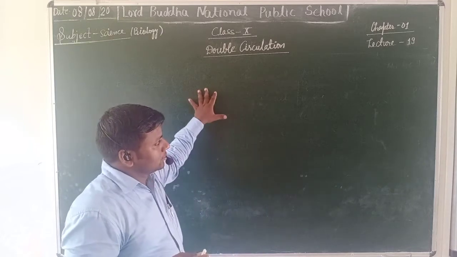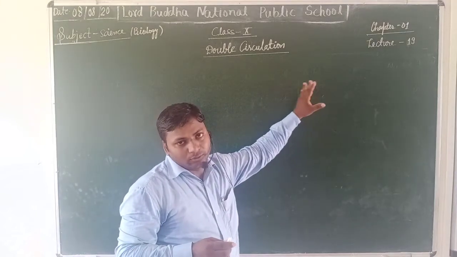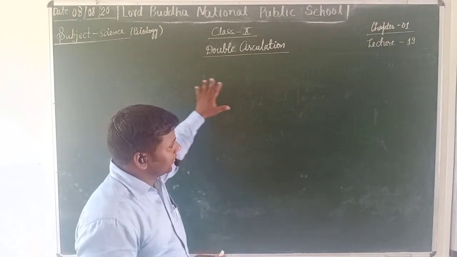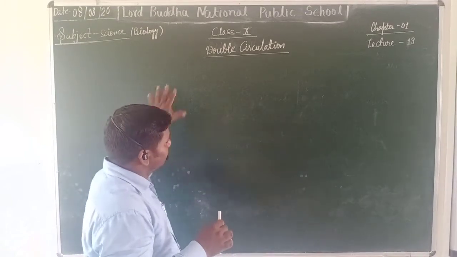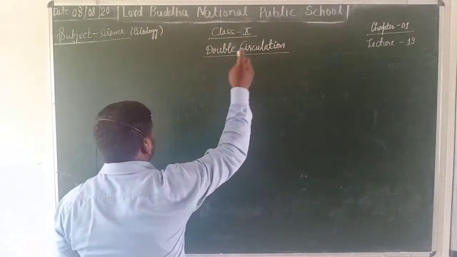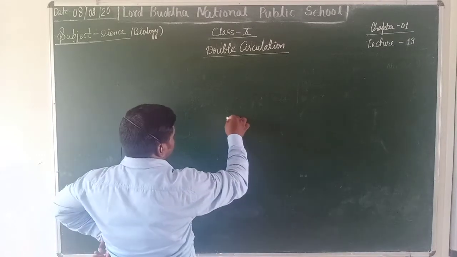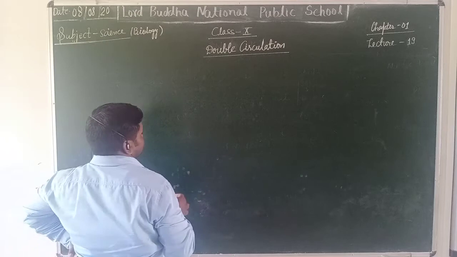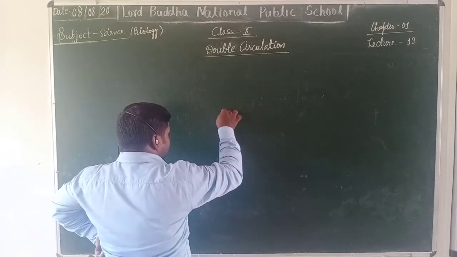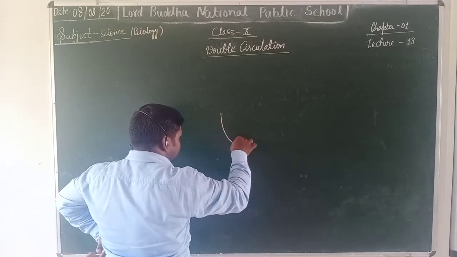How? First, we are going to draw a schematic representation of this framework of double circulation. Now let us go to the diagrammatic or schematic representation of double circulation. This is our heart.